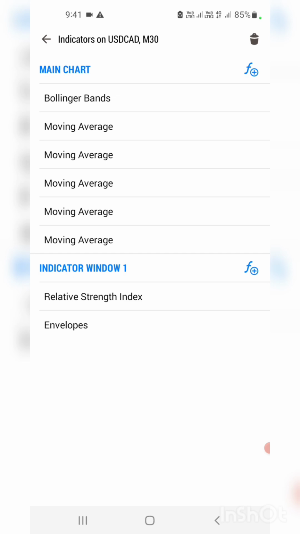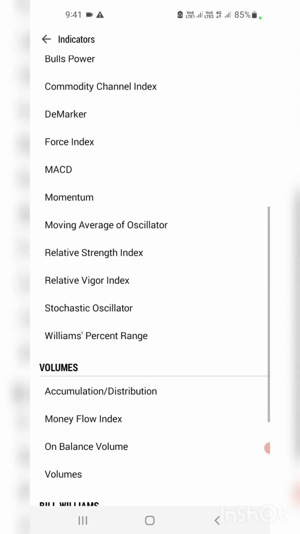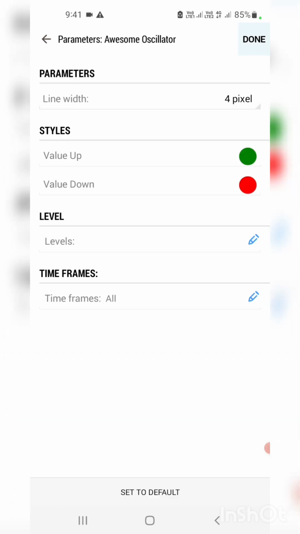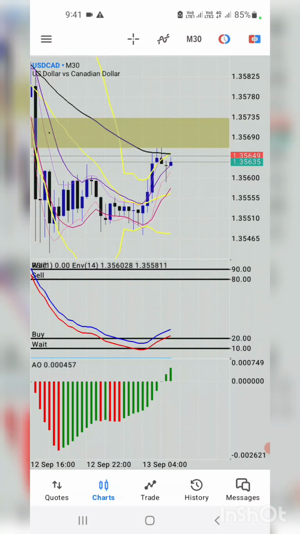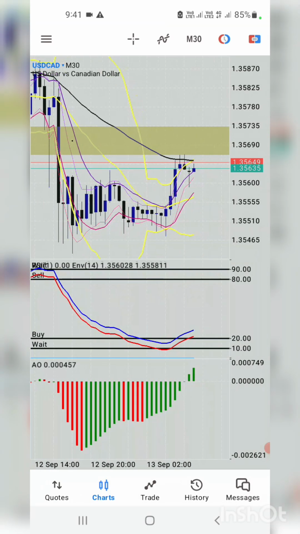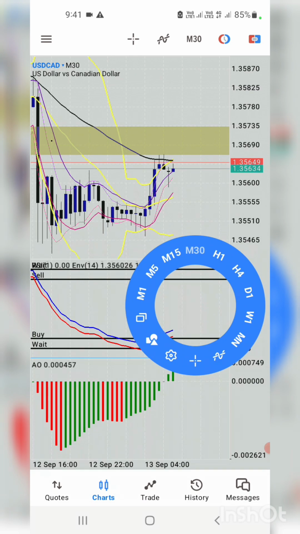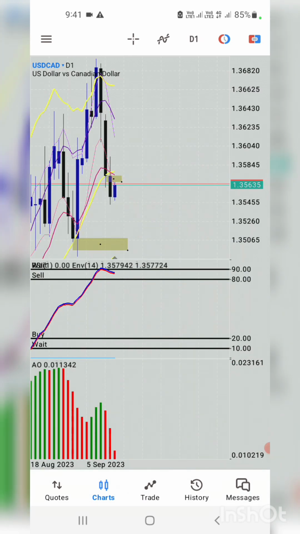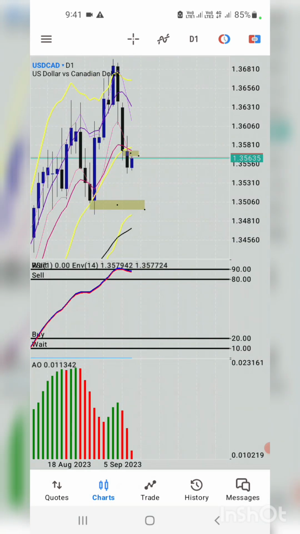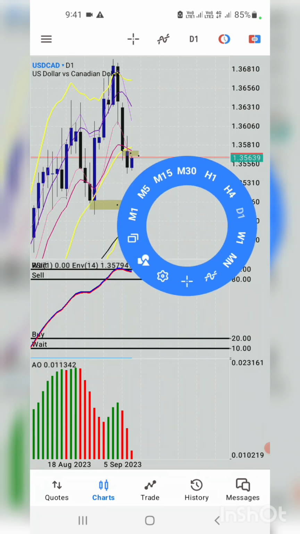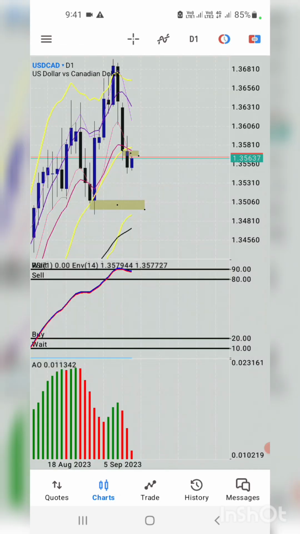As always, I installed Awesome Oscillator to get more confirmations. You can see it very clearly when we go to the D1 daily time frame.